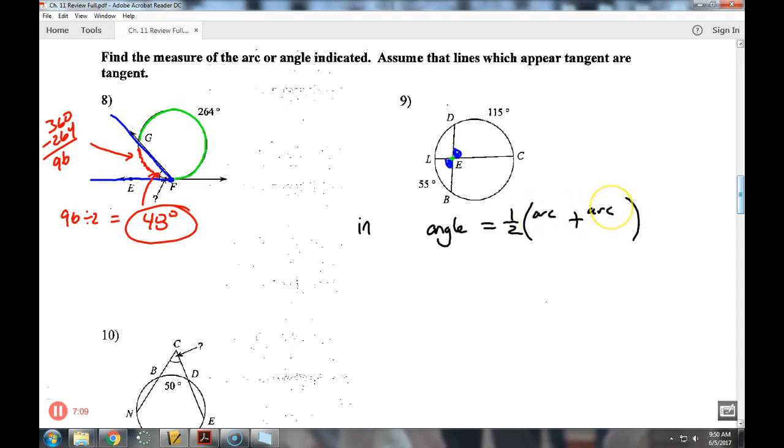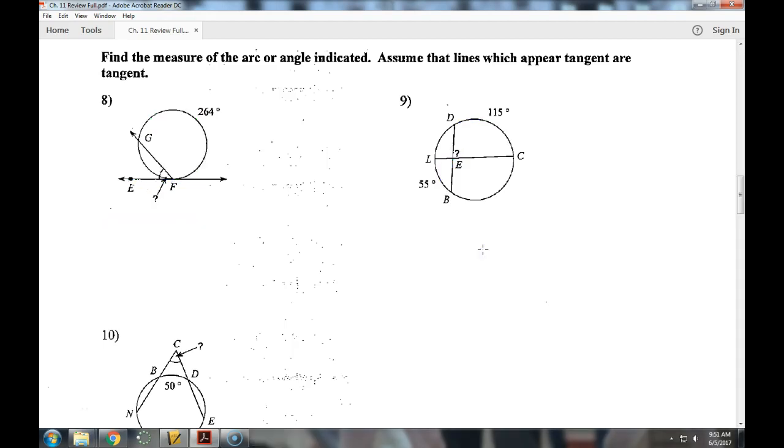So I do arc plus arc, add those together, because if you notice, this arc is controlled by a blue angle, but this arc is also controlled by a blue angle. So which one is it? You actually use the sum of these guys. So one arc is 55, the other arc is 115, and it looks like that's 1/2 of, what's that, 170. So half of 170 is 85 degrees. So that's the answer to this one, 85.